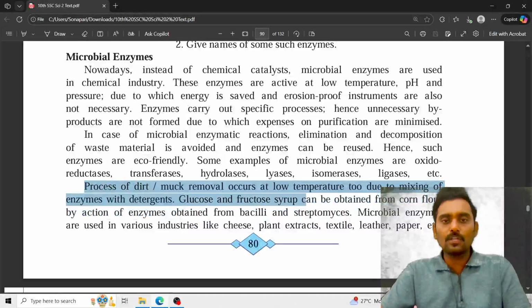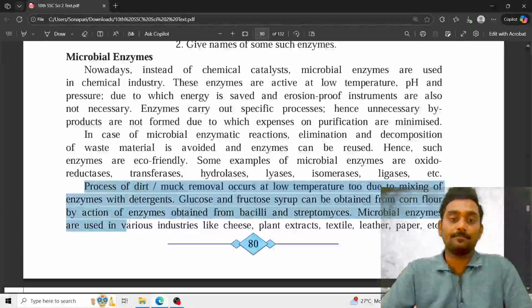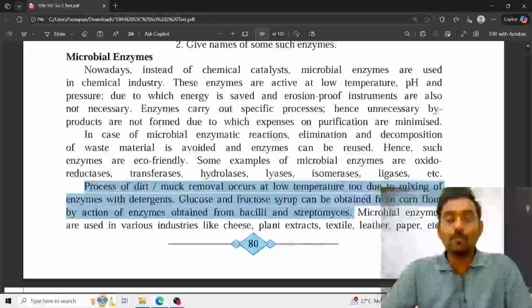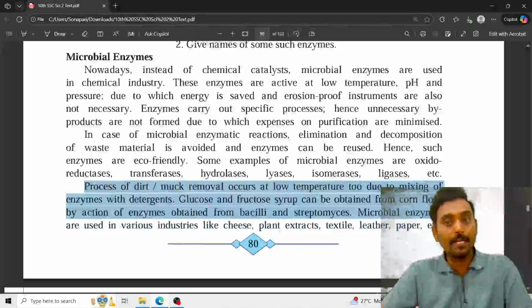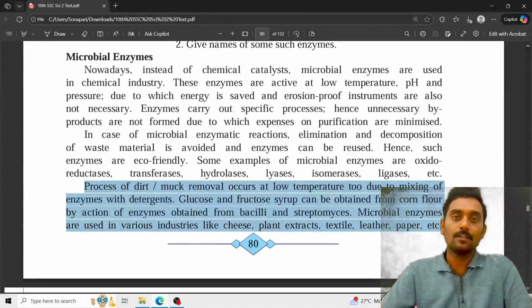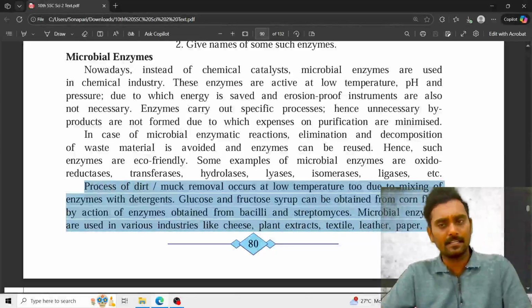So glucose and fructose syrup can be obtained from corn flour by the action of enzymes obtained from the bacilli and streptomyces. Okay, so microbial enzymes are used in the various industries like cheese, plant extracts, textile, leather, paper, etc. So microbial enzymes are used, beta, in the various industries to make cheese, plant extracts, in the textiles, in the leather.